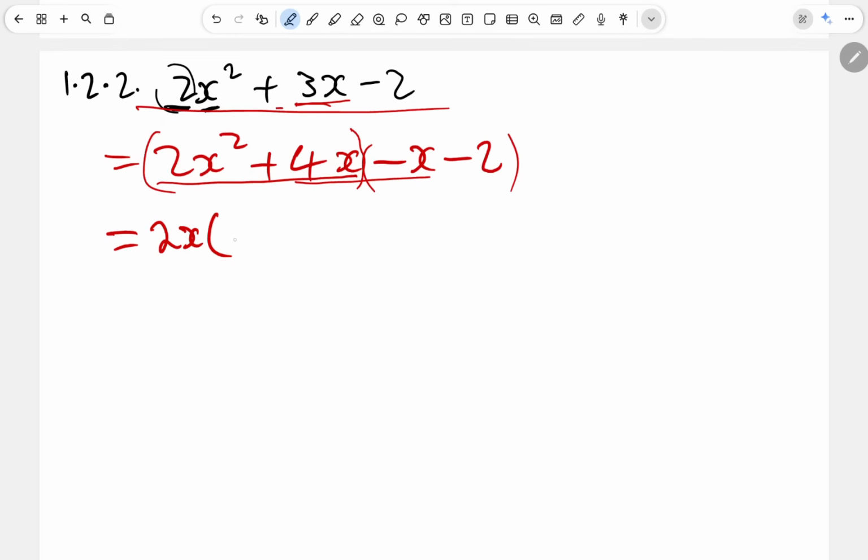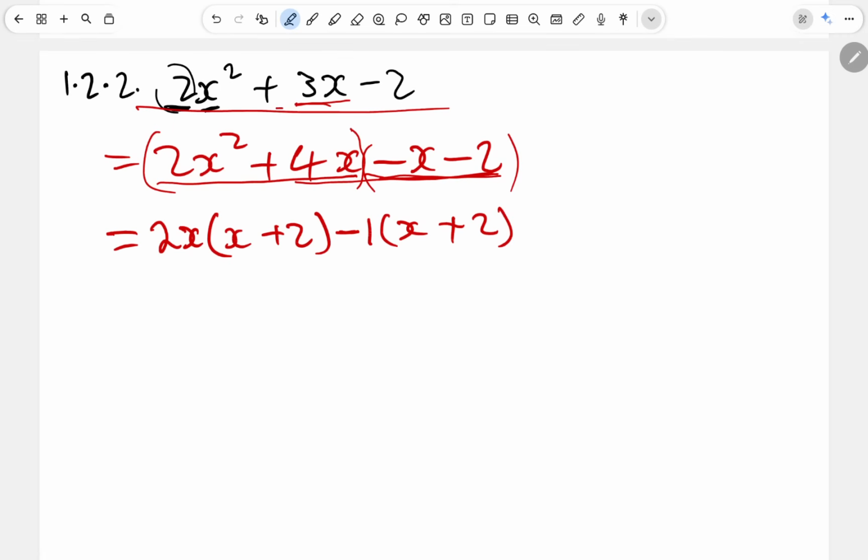We will be left with x plus 2. Then from this group, the highest common factor is negative 1. When you take out negative 1, inside we are left with x plus 2.